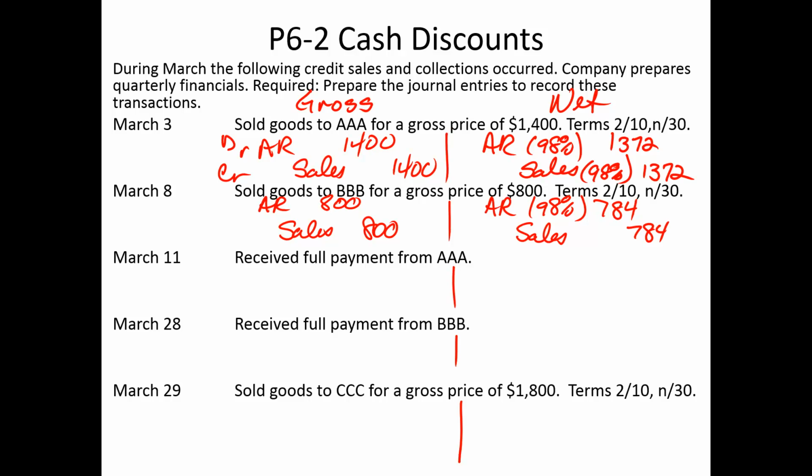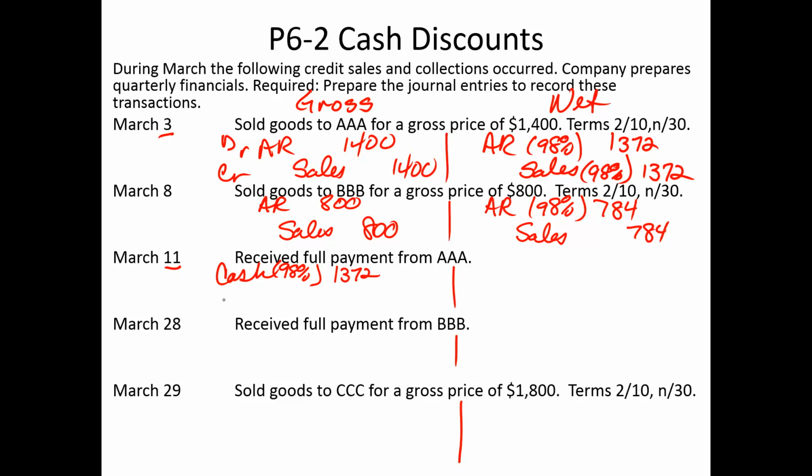On March 11th, if I'm under the gross method, remember, if it's paid within 10 days, which it is, so it's within the discount period, under the gross method, you're only going to receive cash for 98%, which is $1,372.